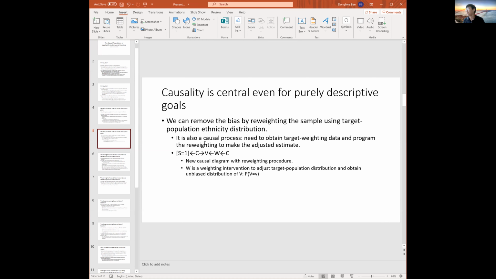This is one of the possible solutions for the bias.